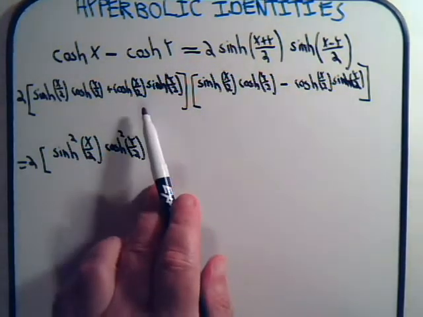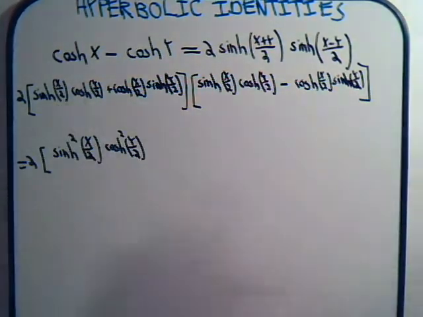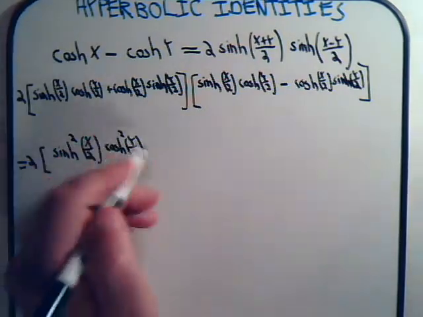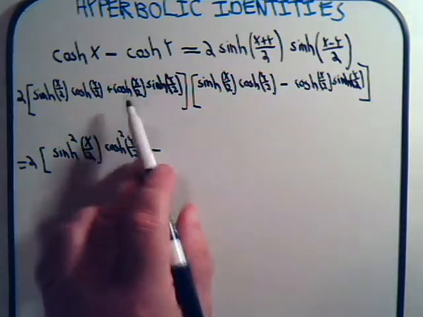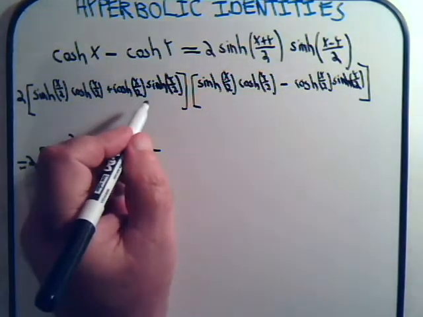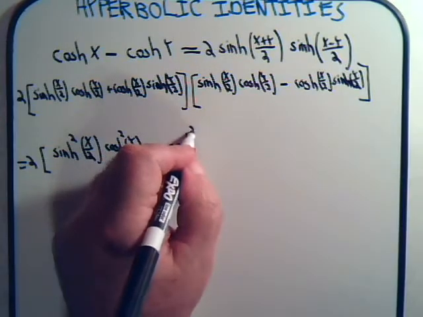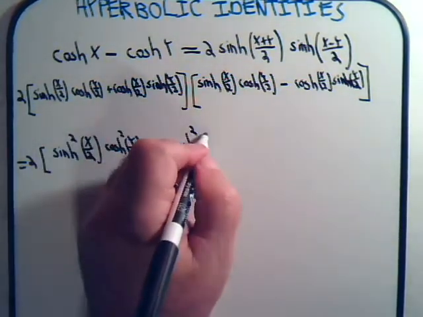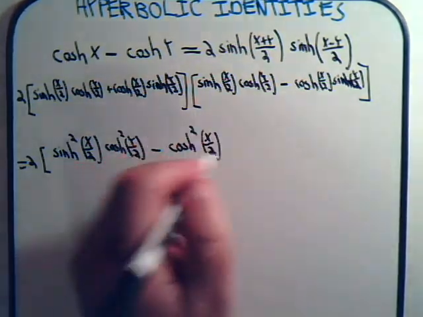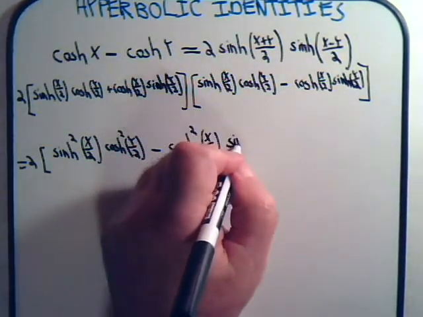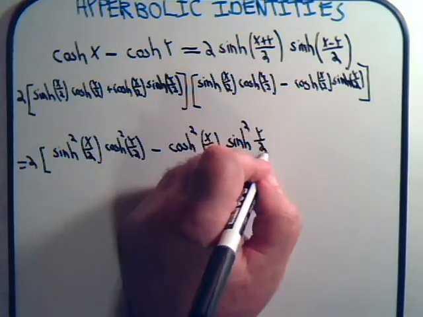And then this times this minus this times this, they drop out. And so we're going to have minus this times this. These two terms are identical, so we'll have minus the hyperbolic cosine squared of x over 2 times the hyperbolic sine squared of y over 2.